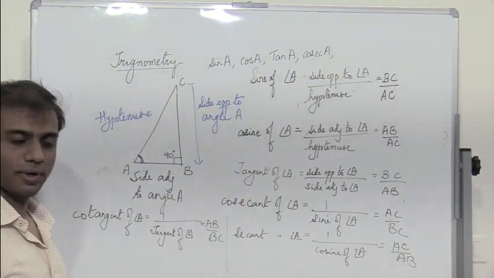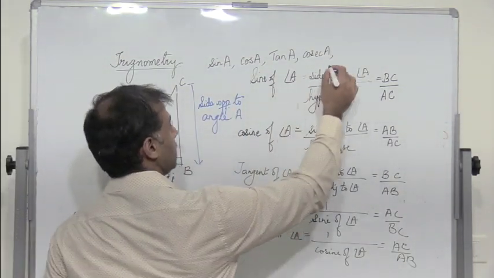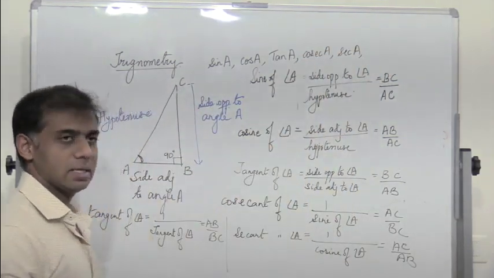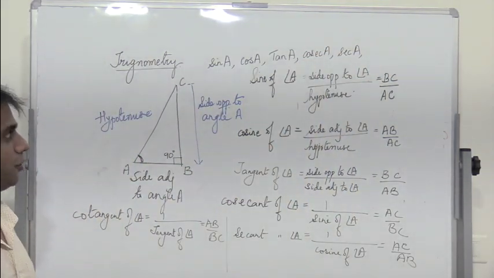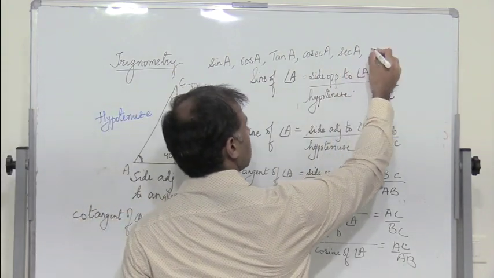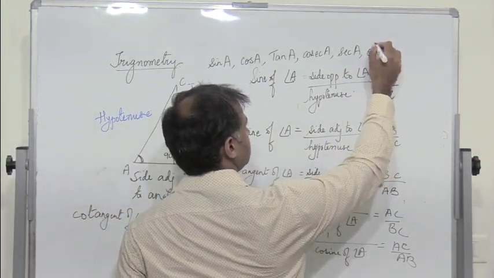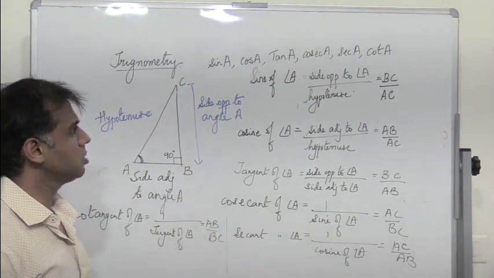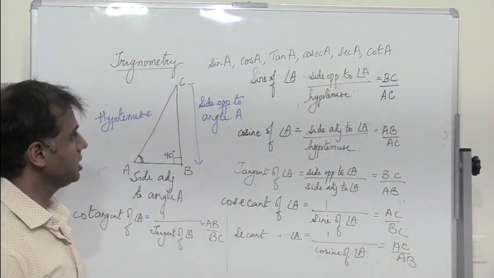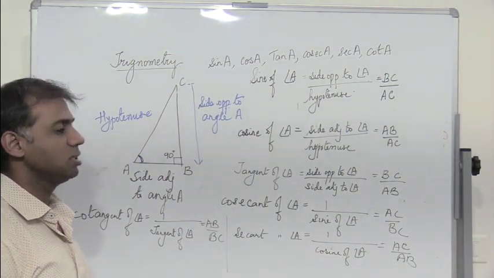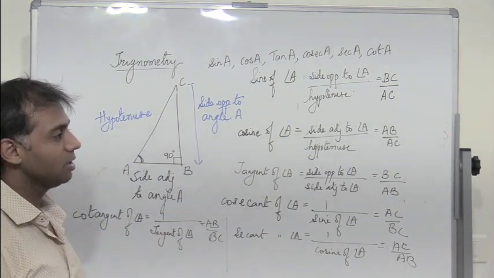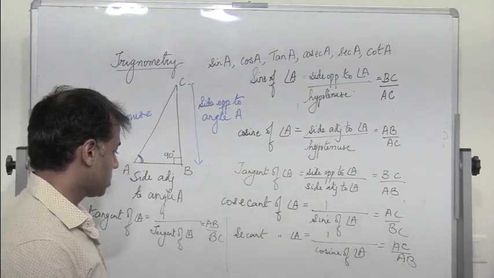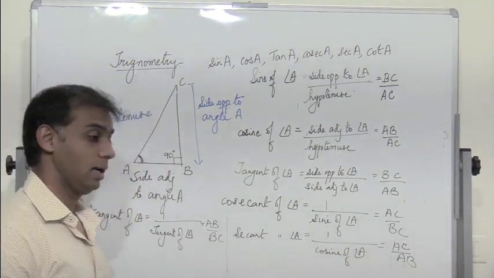The secant of angle A is sec A, S-E-C, and the cotangent of angle A is cot A, C-O-T-A. This is nothing but an abbreviation for sine, cosine, tangent, cosecant, secant and cotangent. Okay, so this is all with respect to the angle A.